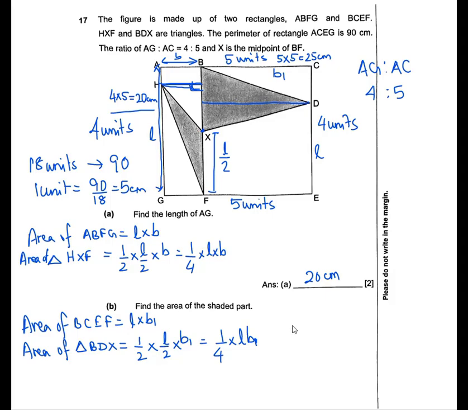So the total area of the whole rectangle, this entire rectangle, this length here is 25, breadth here is 20, 25 times 20. So that is 500 cm squared.